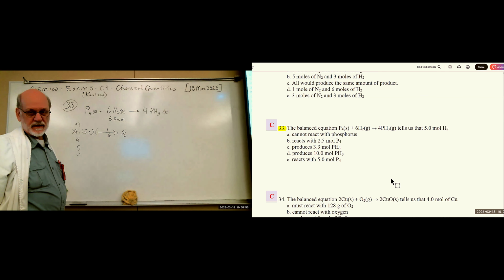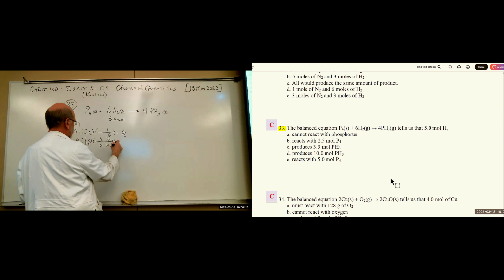How about C? Produces 3.3 moles of PH3. Well, if we do 5 again, and this is hydrogen, and then we have hydrogen on the bottom and PH3 on the top, this would be 4 and this would be 6.